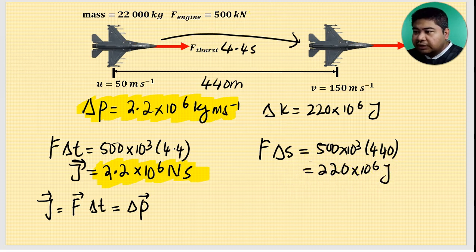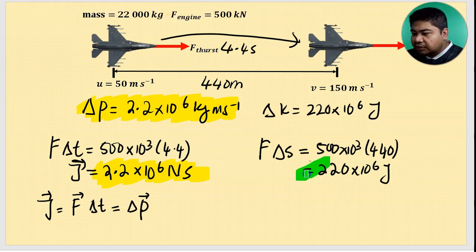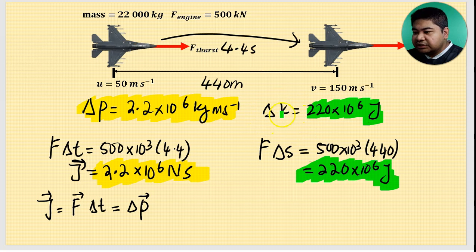If you look at the value of force times how far the object has moved, it is the same as the change in the kinetic energy. So the amount of work that is done on the aircraft is 220 times 10 to the power of 6 joules.